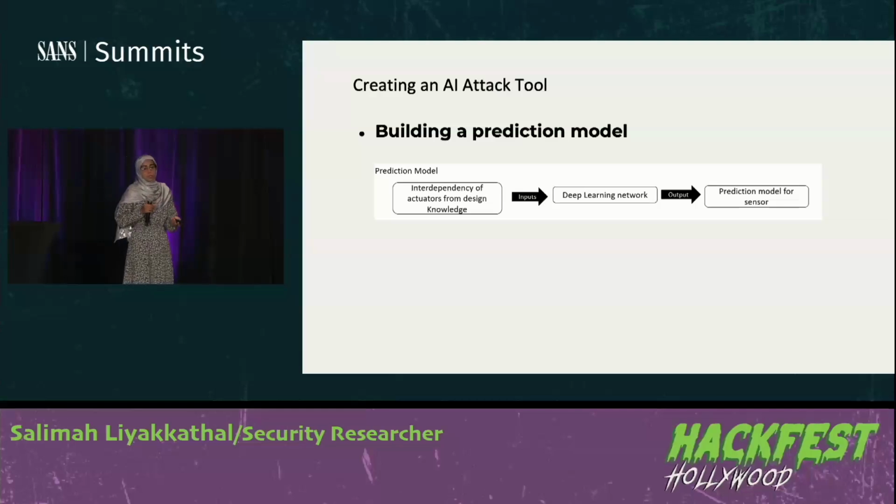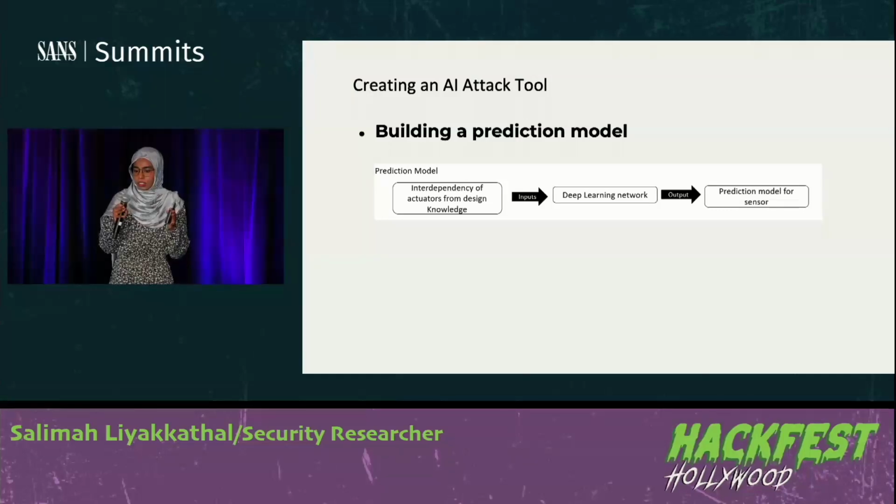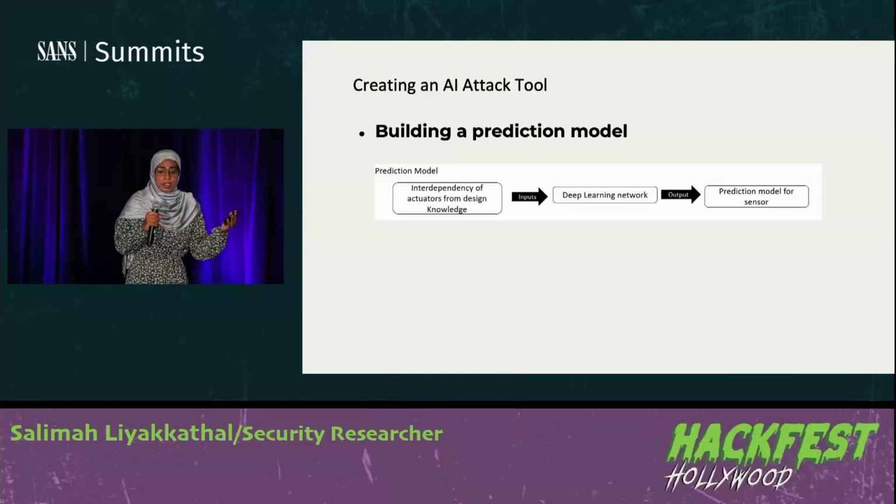Okay, now let's look into building a prediction model. The first step is to get the interdependency of actuators from design knowledge. These are your inputs. To build a model, you usually need some kind of input, and then you build a model and it produces some output. In this case, we are focusing on an ICS system. Let's zoom in further into just launching an attack on tanks, since it's easier to explain and understand.